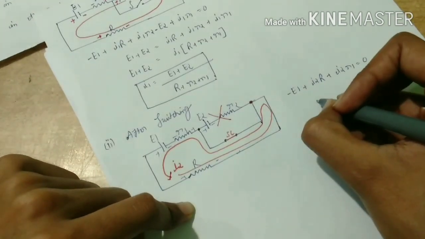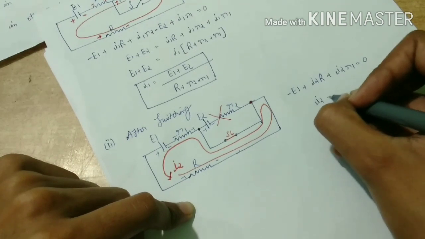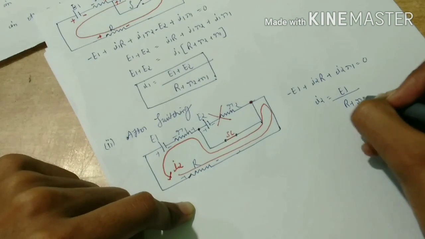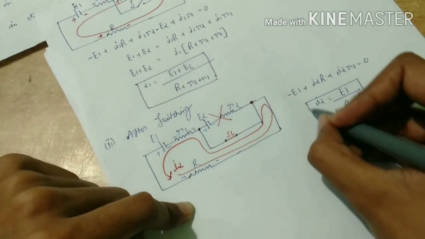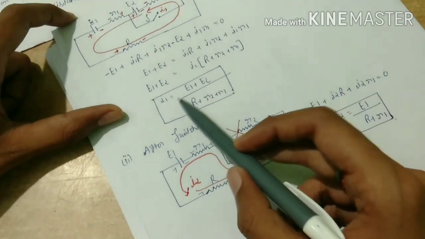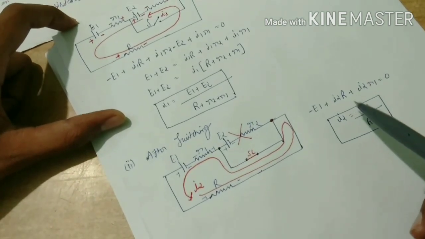So we get the value of I2 equal to E1 divided by R plus R1. So after all, we get the values of I1 and I2. So let's check the options.